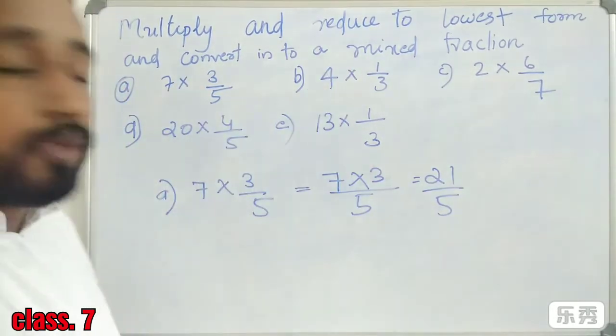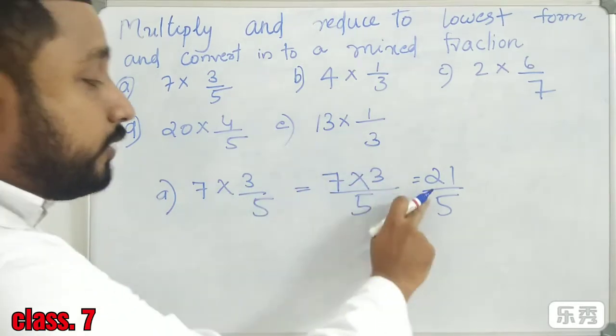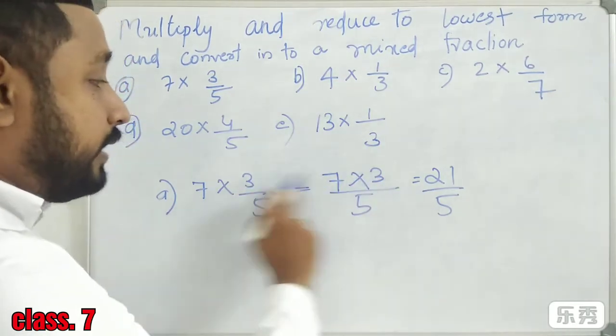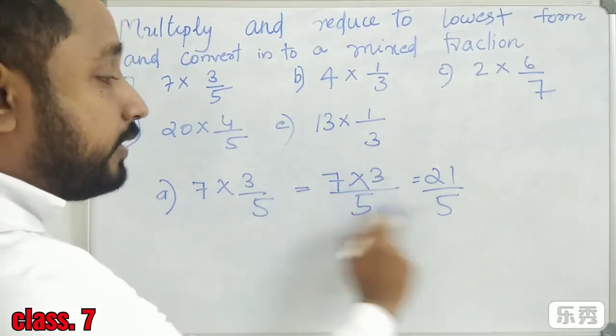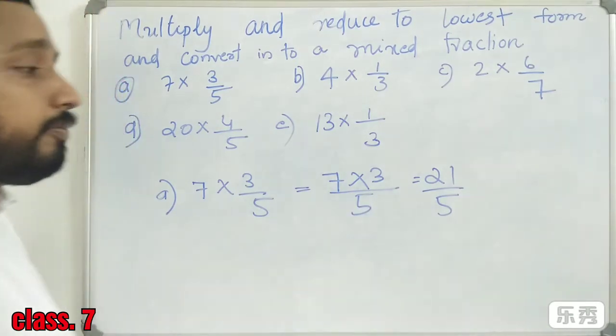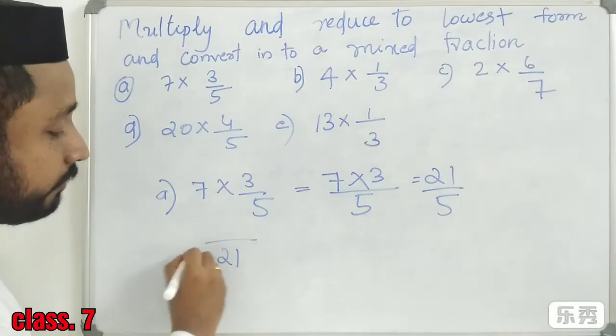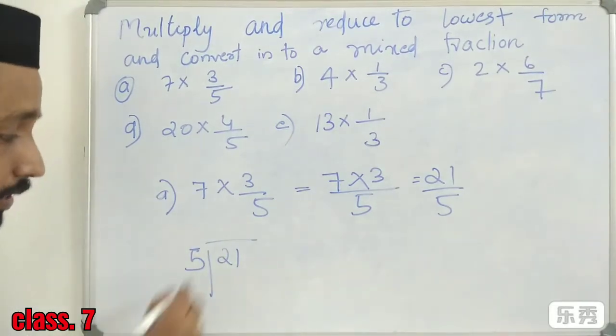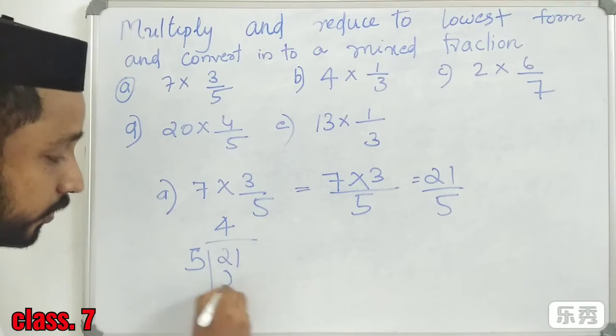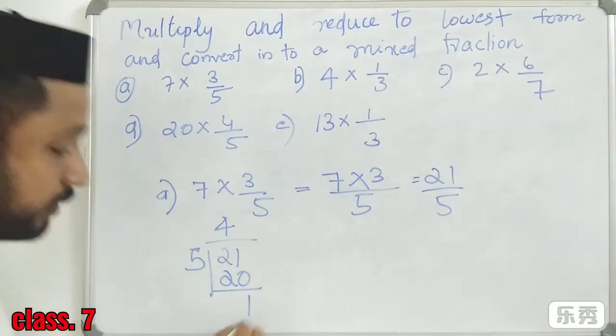Then convert into a mixed fraction. So 7 into 3, 21 by 5. Multiply with the numerator and write the denominator like that. How can we change 21 by 5 into a mixed fraction? 4 times 5 is 20, the remainder is 1.